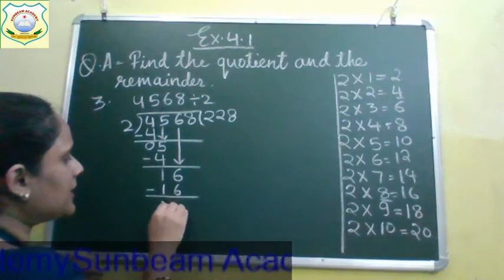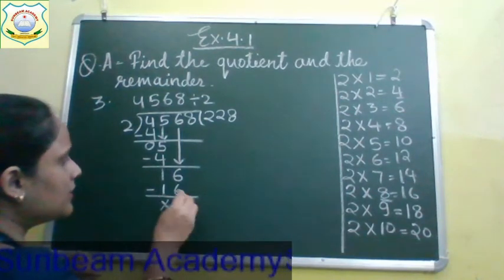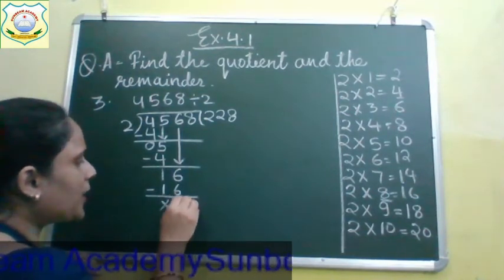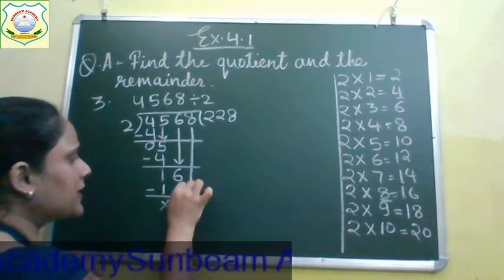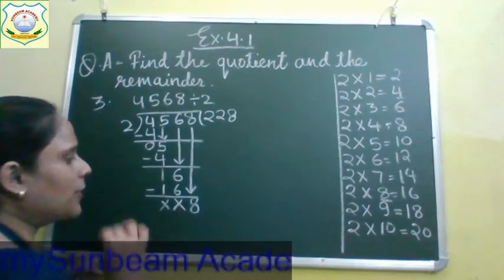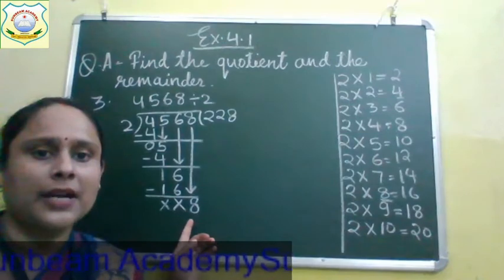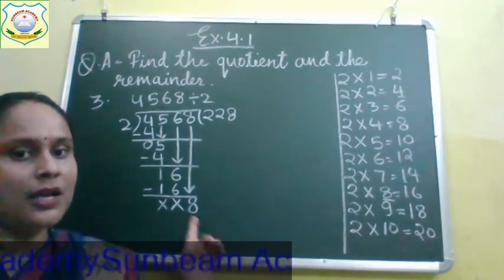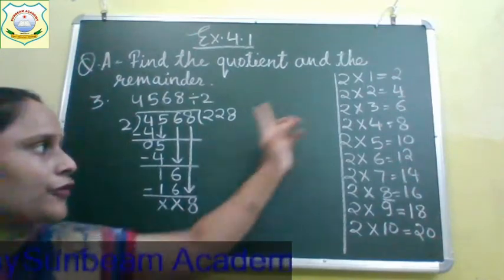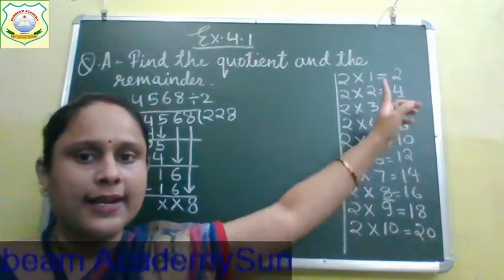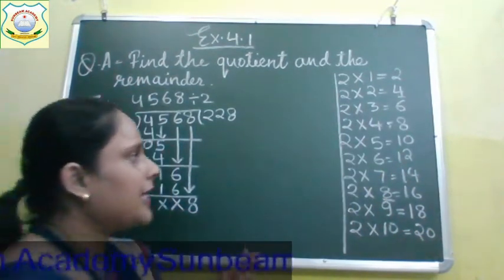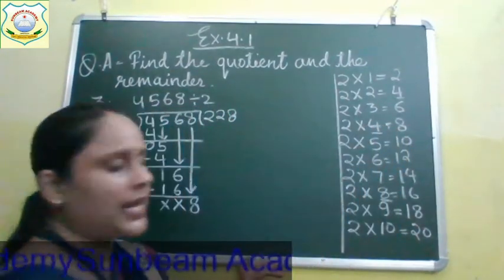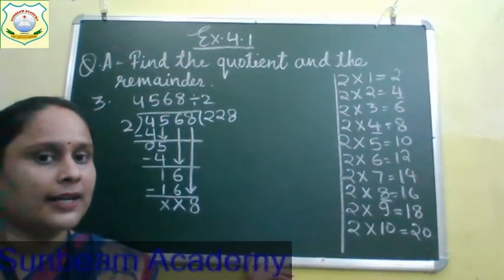Now 16 minus 16 we got 0. Put a cross or you can write 0, both ways are correct. Now bring 8 down. The last number, that is 8, we have brought down. Now children, in the table of 2, 8 is coming. Can you see 8 is there? Yes, 8 is there. In 4 times 8 will come. So say the table of 2.